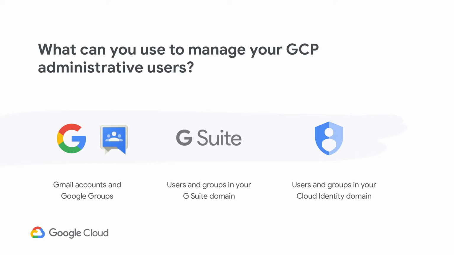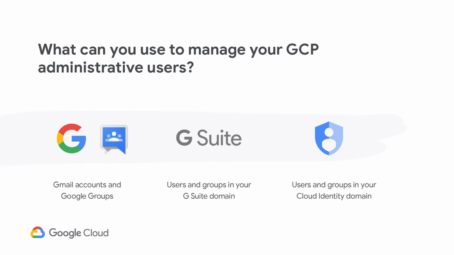G Suite customers can define policies in terms of users and groups. This way, when someone leaves your organization, you can simply remove them from the group, or when someone is onboarded, you can add them. When someone is moving between teams, let's say from sales to marketing, you can simply move them from one group to another. You can also have nested groups and so on.